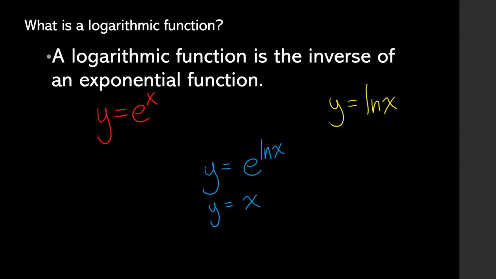E to the power and natural log are inverse operations, just like adding 3 and subtracting 3 are inverse operations. By the same token, y is equal to natural log of e to the x also gives us y equals x.